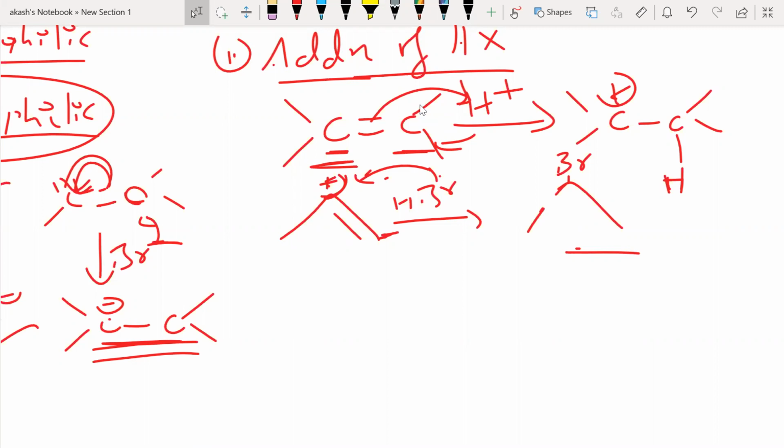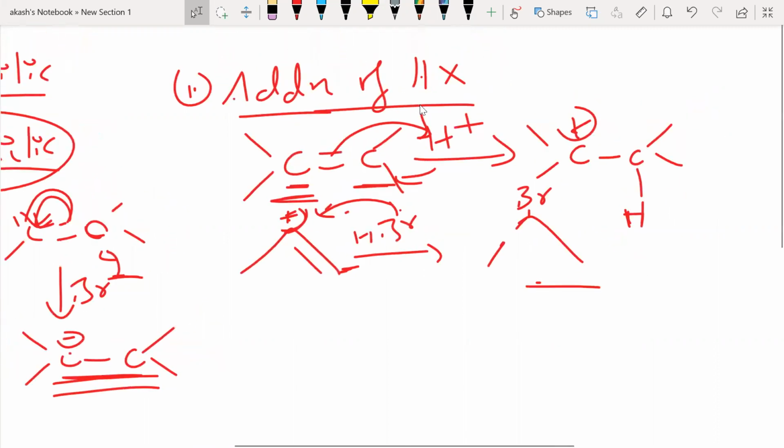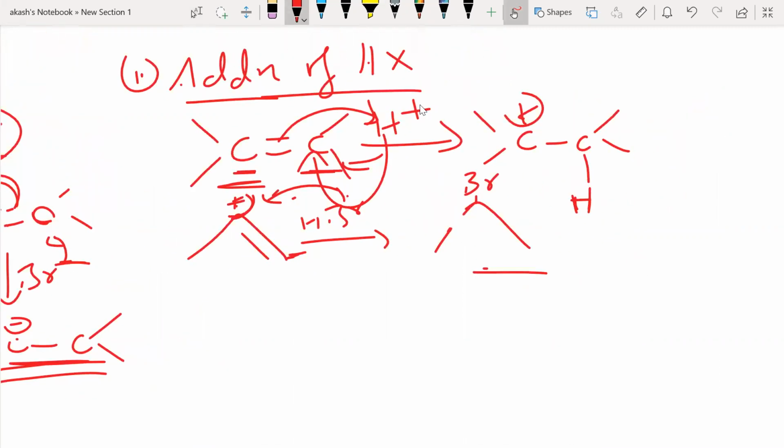So this is not going to be much of a detail. You can even say that this comes and attacks here. It really doesn't matter. But the convention used in chemistry says that electrons are the ones which move. The positive charges will generally not move. But again, it is not going to be much of a deal. You don't have to worry about it.